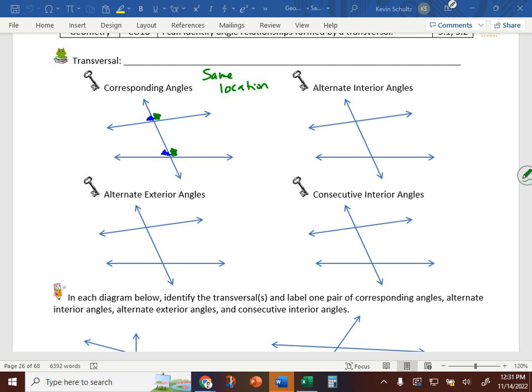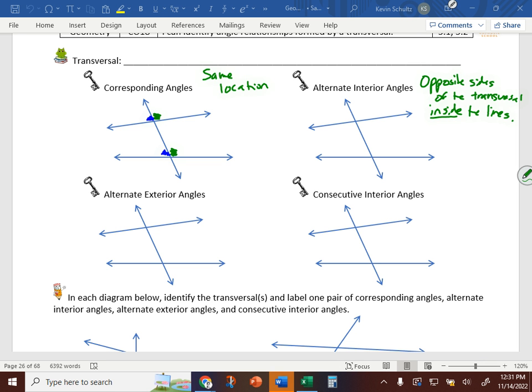Right. So alternate interior angles are on opposite sides of the transversal, inside the lines. Okay, or in between the lines.